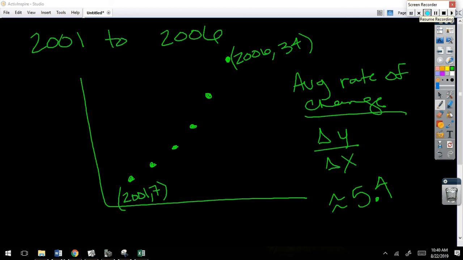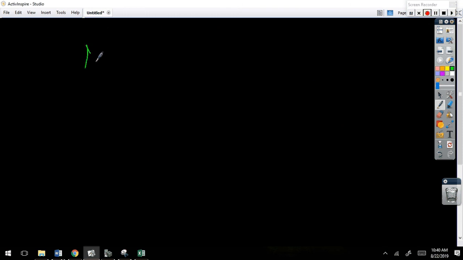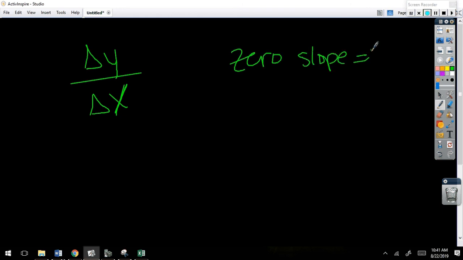What is the difference between zero slope and no slope? Remember slope, delta y over delta x. How do you get 0? If it's horizontal, so if the difference in your y's is 0, so it's a horizontal line, so 0 slope, horizontal line.